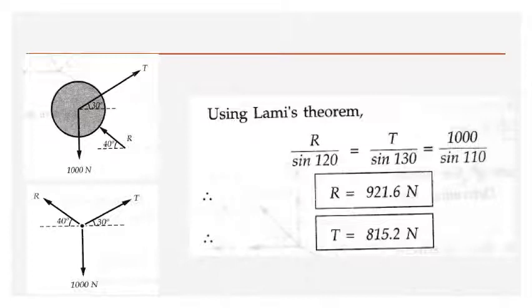Three forces: the 1000 Newton force, the reaction R, and the tensile force T. So R by sin 120 is equal to T by sin 130, that is the angle between R and 1000, that is 40 plus 90, you get 130. 1000 by sin 110, that is the angle between R and T, that is 180 minus 40 minus 30. By applying Lami's theorem, you get the answer in only two steps.